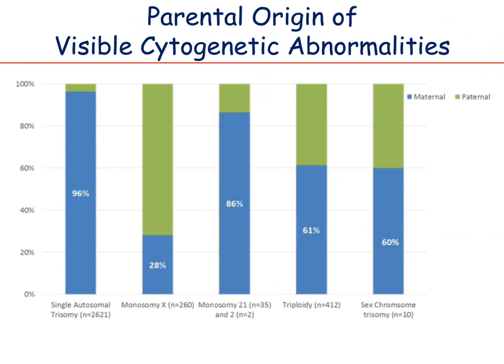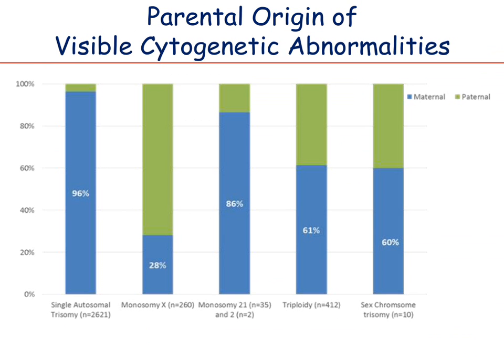If we look again at the parental origin, which was clearly evidenced in the prior slides, we can see for the single autosomal trisomies that maternal origins are well over 96%. Monosomies, we did see a higher paternal origin, but that's primarily in monosomy X. We know that about 35 of the monosomies out of about the 295 cases are accounted for by monosomy 21.